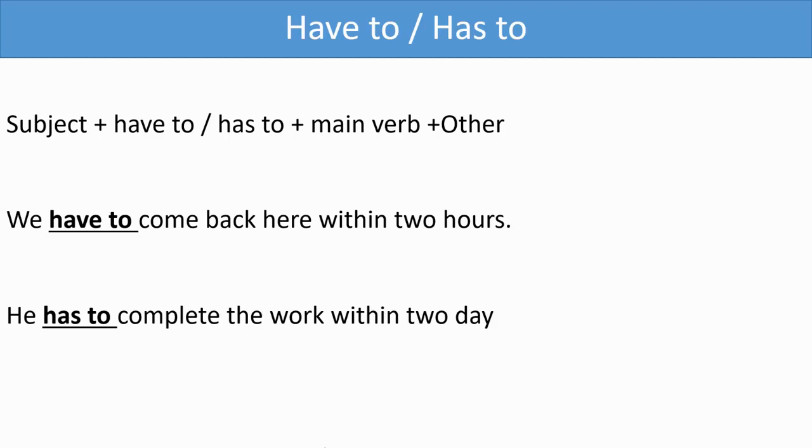Sometimes to advise to do something, you may use this have to, has to. We have to come back here within 2 hours. He has to complete the work within 2 days.